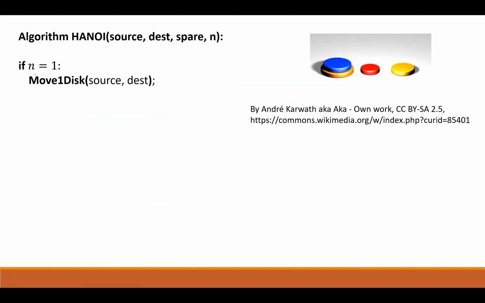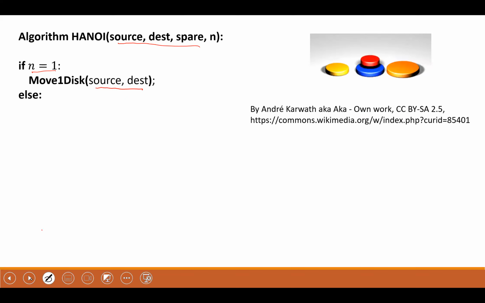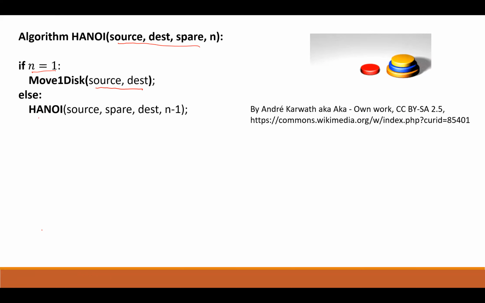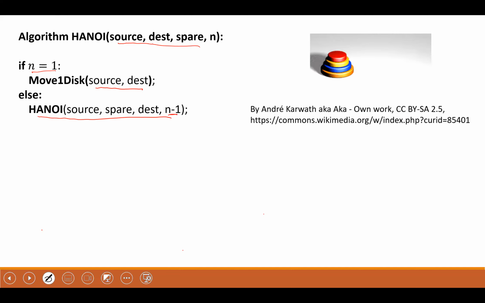algorithm is, well, my base case, if I have one disk left and I've been given my source, destination, and spare, I simply move one disk from my source to my destination. Otherwise, I have n greater than 1. So I'm going to make a recursive call on n minus 1 disks. Now my spare is my destination, and my destination is my spare.